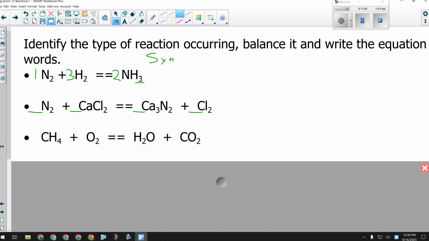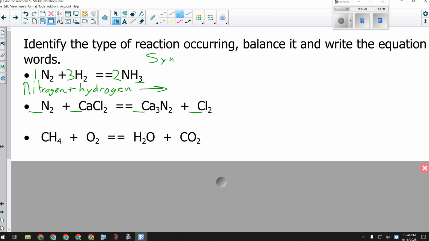All right, how many people have done number 2? Okay, let's have a look at that one. Oh, sorry, I forgot to write this one out in words. Hang on, back up. This would be nitrogen plus hydrogen. That thing we talked about before: these are molecular elements, so they don't get prefixes.